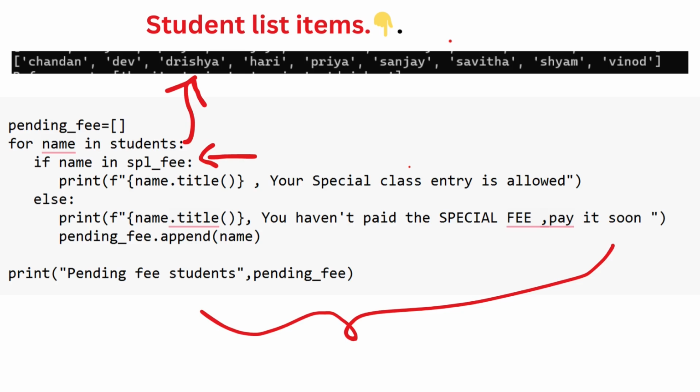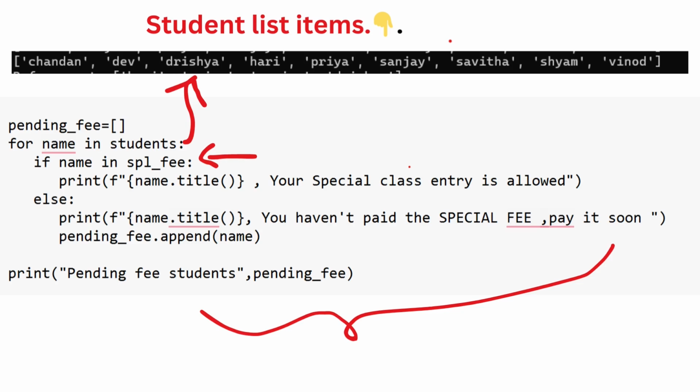So now, for name in students, name is a temporary variable. Students is the list we are going to consider. So the first name from students will be taken. The first value is Chandan. Now name is a variable referring to Chandan.